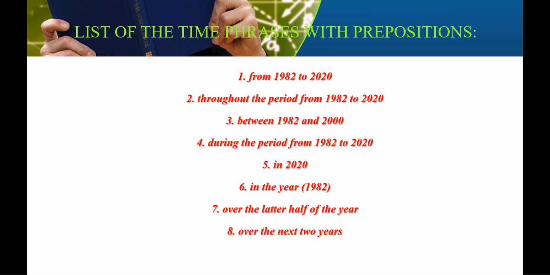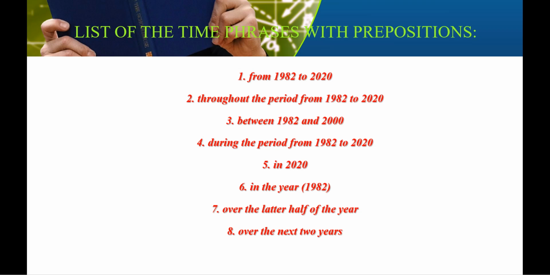So guys, I would like to tell you something about time phrases with prepositions. So from 82 to 2020, it's the easiest. Don't write it. I just strongly recommend you. Throughout the period from, that's perfect. Between could be. During the period from, again, good. In 2020, actually you can write in the indicated period.